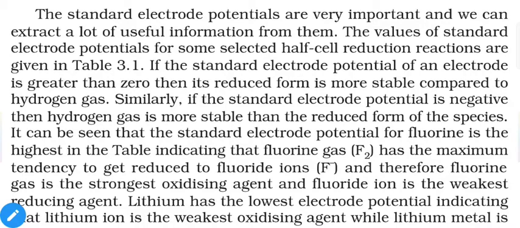So fluorine has the highest value, therefore fluorine gas is the strongest oxidizing agent, because oxidizing agents reduce themselves. Fluorine has the highest tendency to reduce itself, so it can act as the strongest oxidizing agent mentioned in the list, and it will be the weakest reducing agent.